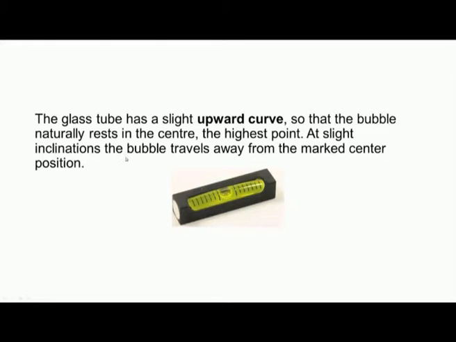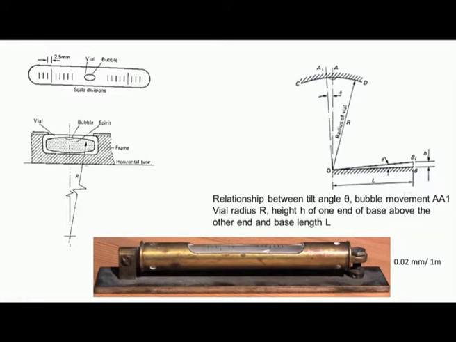At slight inclinations, the bubble travels away from the marked center position to indicate the level. Now, this is the glass tube with markings, and at the center we have a bubble, and this is a cross sectional view of the spirit level.